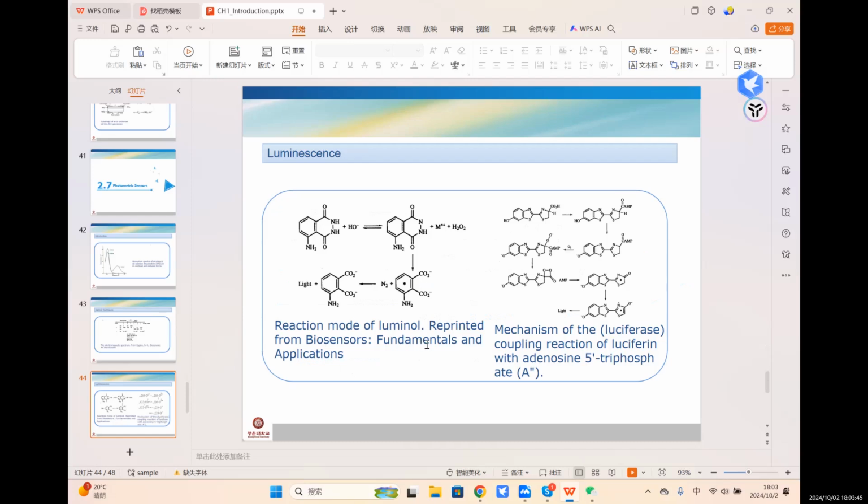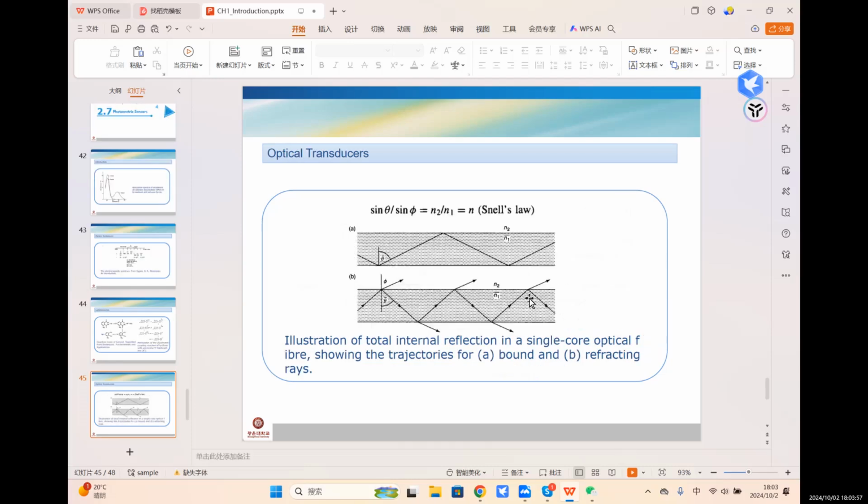And this is the reaction mode of the luminol, reprinted from Biosensors. And this is the other image about that. As you can see, this image describes the optics: an illustration of the total internal reflection in a single core optical fiber, showing the trajectory.